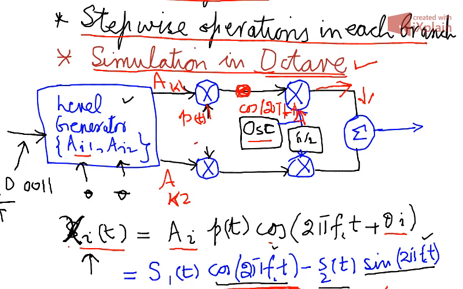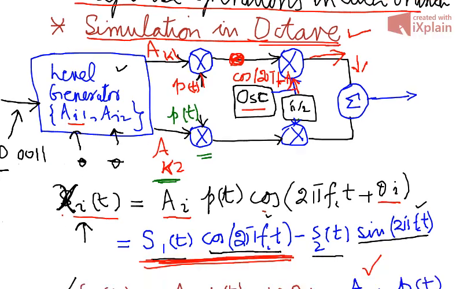The lower half you can see now. AK2 comes to the lower branch. So here we have AK2, and again P of T will be multiplied with it, AK2 P of T. Then from the oscillator, if you observe your signal, we actually need just a minus sine here.